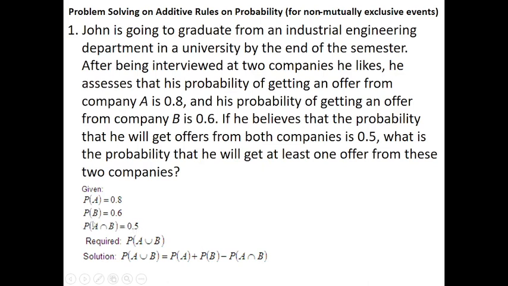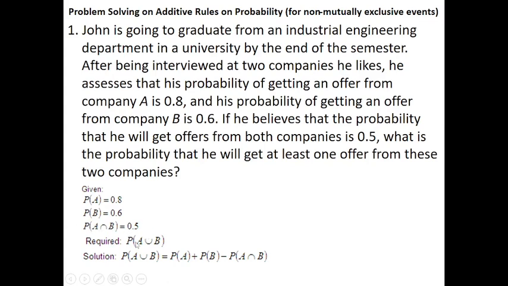Pag yung probability na A tsaka B ay nangyari, the occurrence of A and B will occur together, in that case, 0.5 dito. So this means that events A and B are not mutually exclusive because the probability A intersection B is not equal to 0.